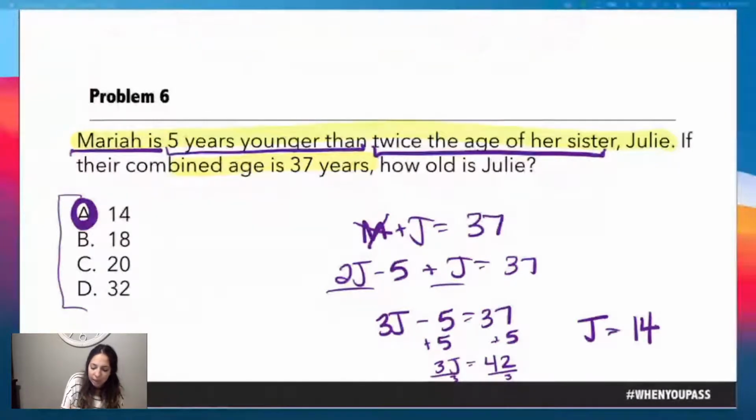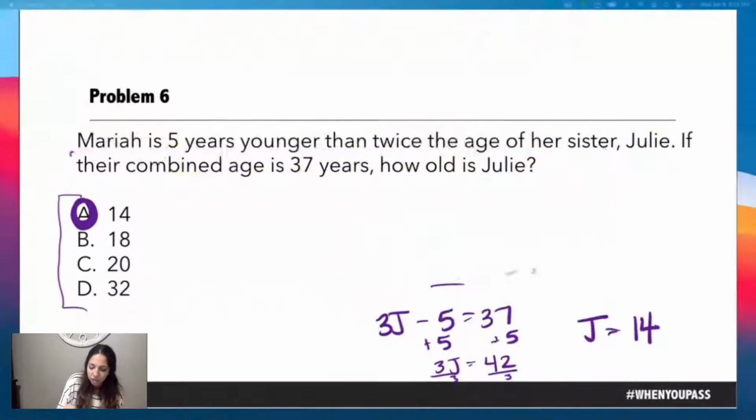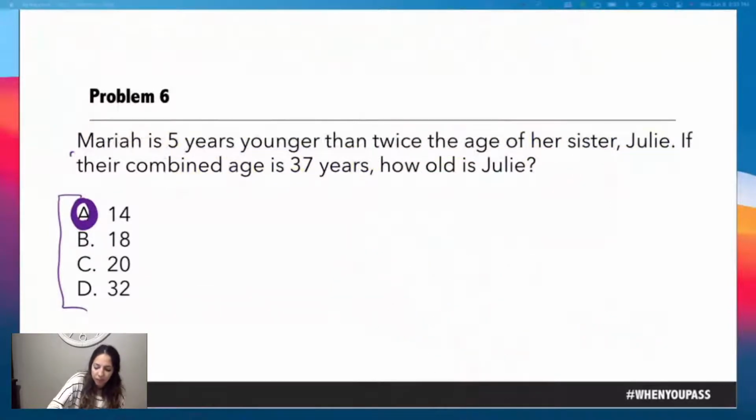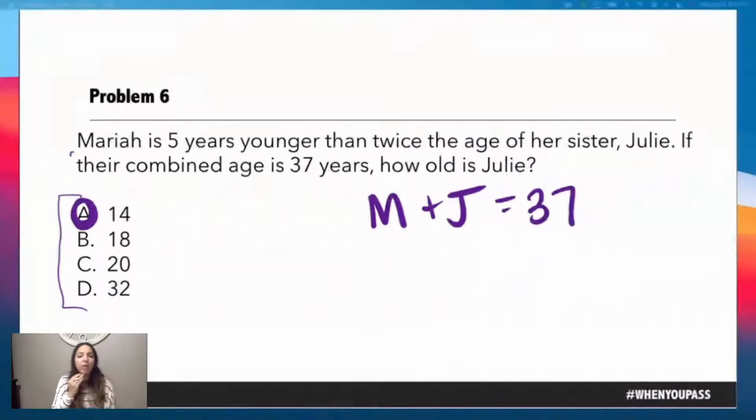Well, we already decided that m plus j equals 37. How would I use these answer choices? Well, if I know that their ages together have to equal 37, I'm going to figure out what the other person's age is going to be.